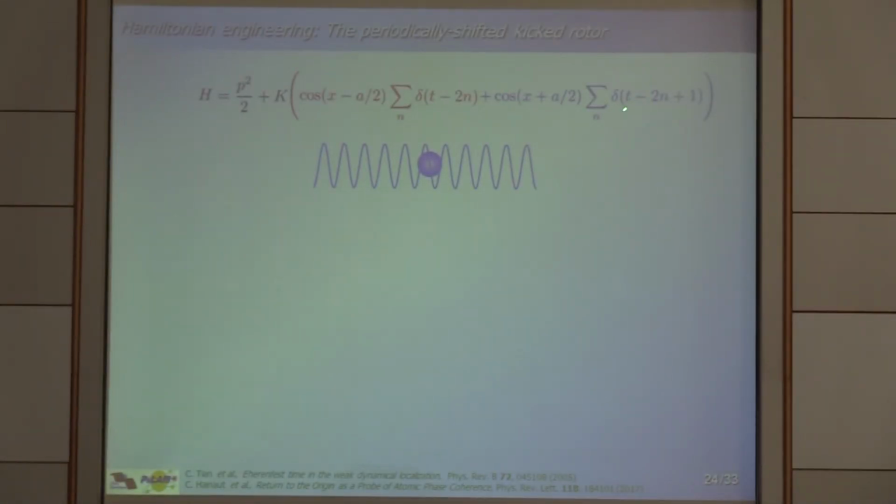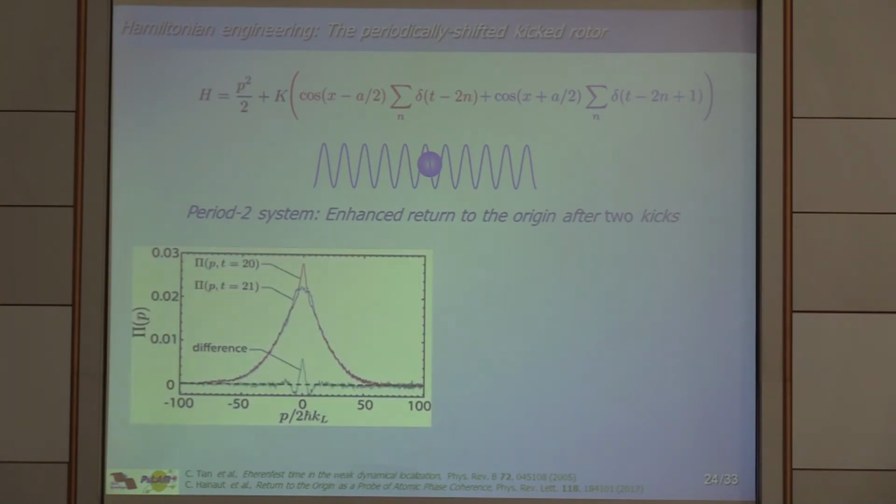But there is a simple way to do that, which is to make a period 2 Hamiltonian that is invariant under time reversal, and then you change from period 1 to period 2. This means this enhanced return to the origin, this enhanced peak, will appear only one kick over 2. In even kicks, you have this peak, and in odd kicks, you do not have this peak. And even though the signal is not very strong here, by contrast, we can see it very easily.